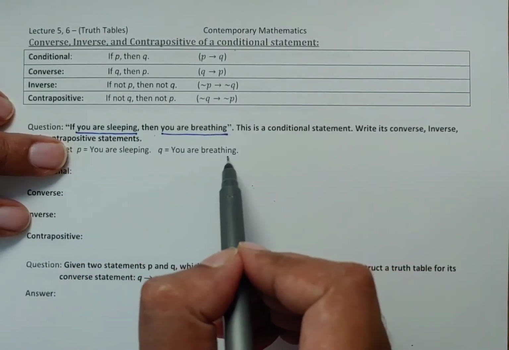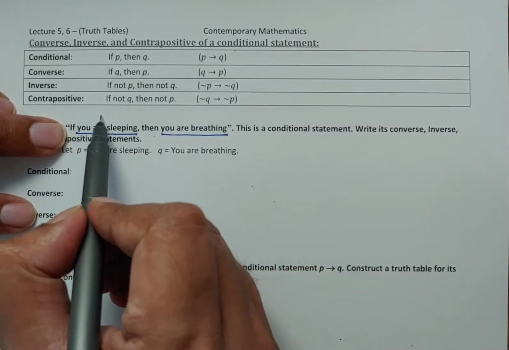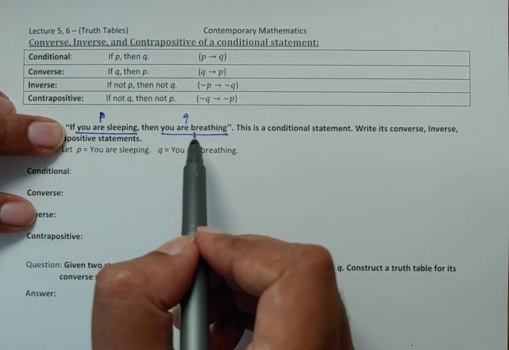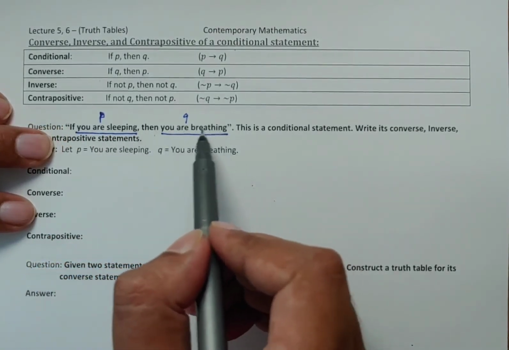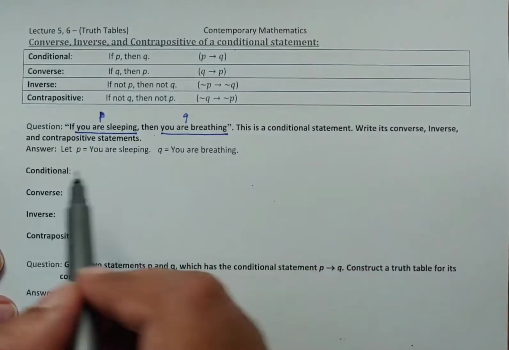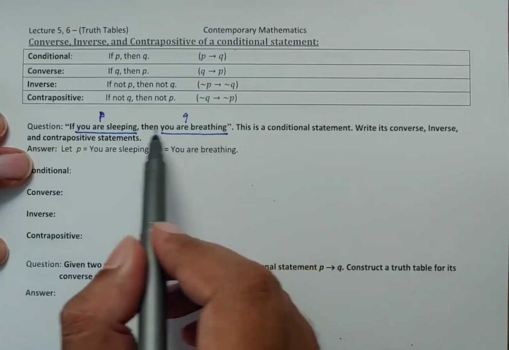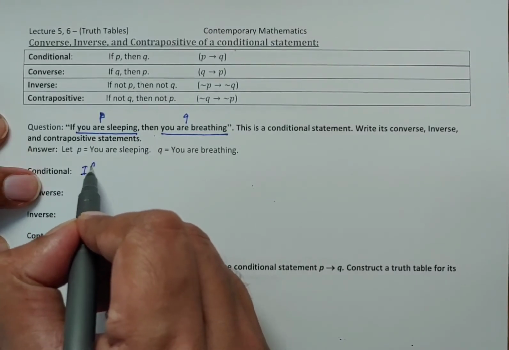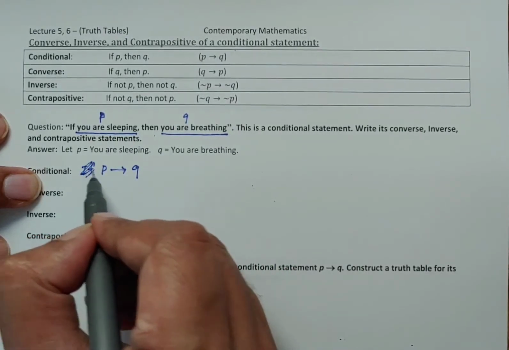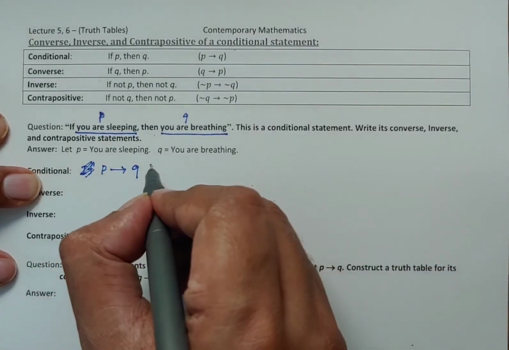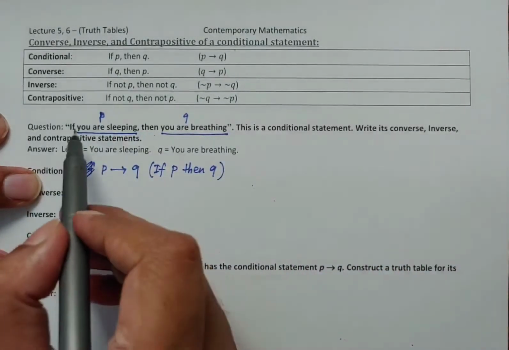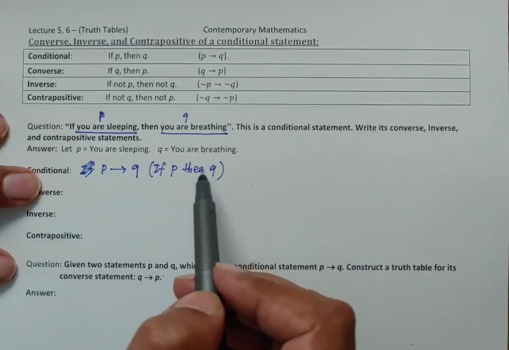So it is if P then Q. The conditional statement is the statement which is given, and we can write it just as P implies Q. So this is if P then Q, the conditional statement.